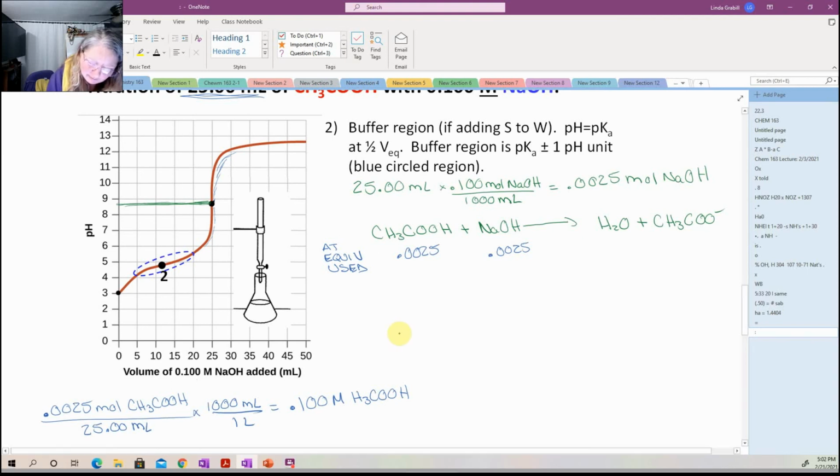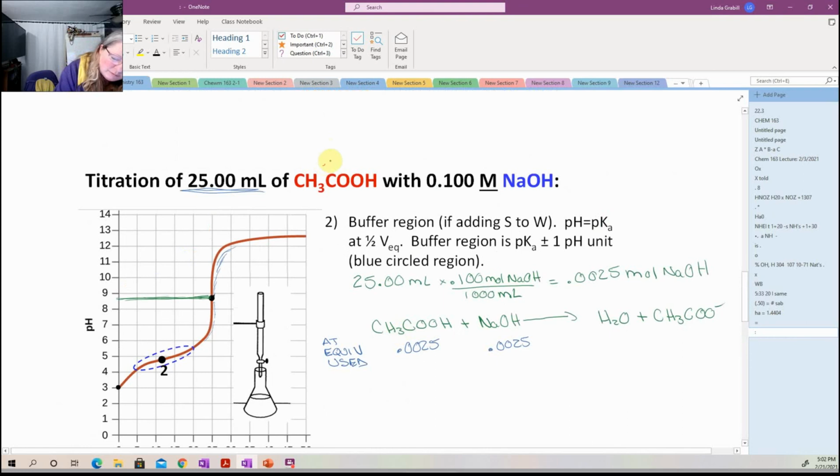So this is also 0.100 molar. I know the molarity of my sodium hydroxide. So using my volumes, I can figure out what the pH is at any point on this curve, which is very nice.